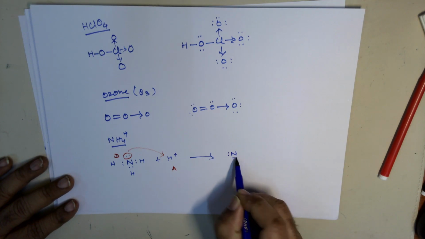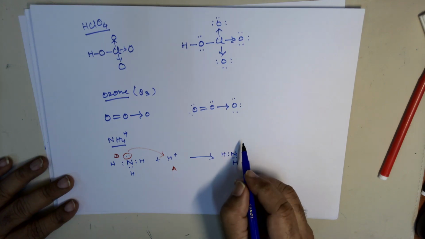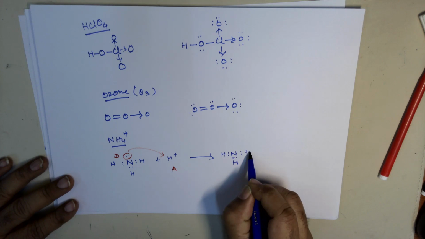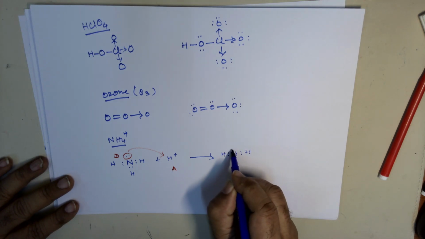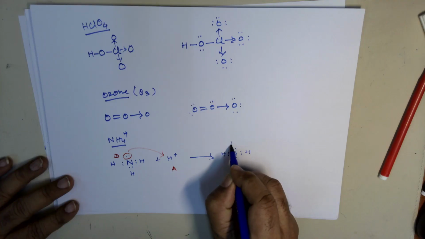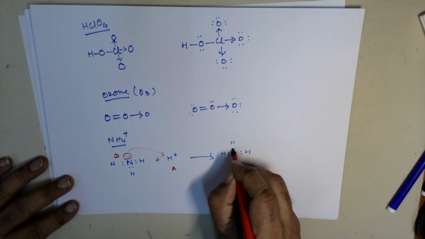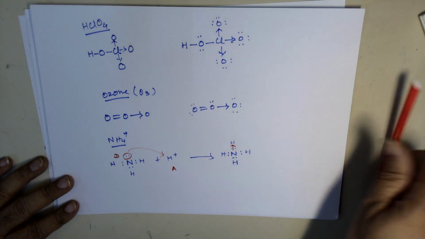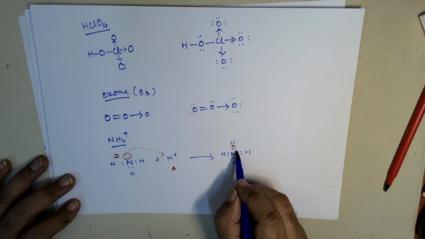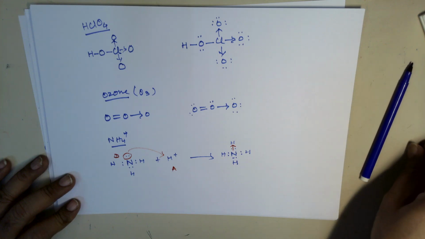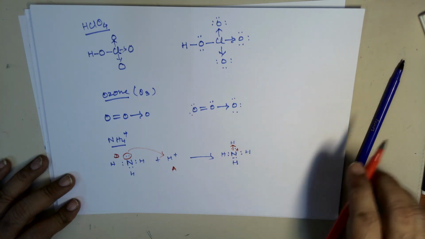So that it becomes what? N, H, H, and then H. Now a pair is donated, is it not? H. So this is donated, okay? So that it has lost one electron now. So it becomes NH4 plus.